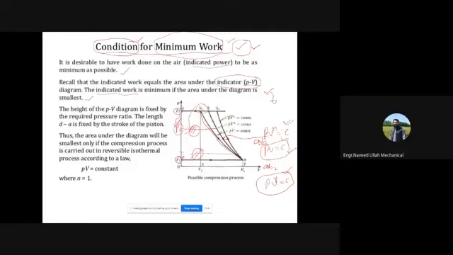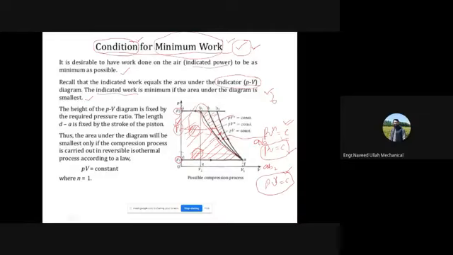And you see that the area under the curve for the isothermal process is the minimum one. This will be the minimum area. The polytropic one is greater than the isothermal process, and for the isentropic process it is even greater.